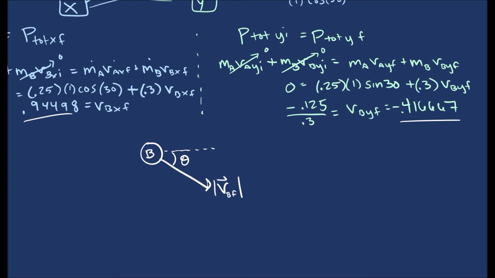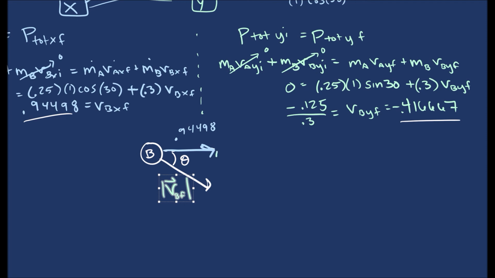So we know our two components, right? This component is 0.94498, and our y component, we're going to move this over to here. Then I can draw my y component in there.